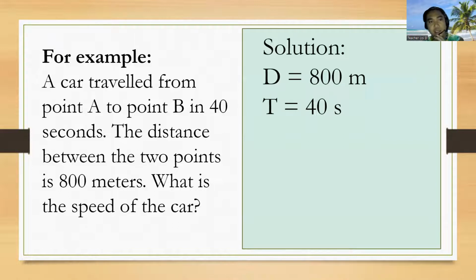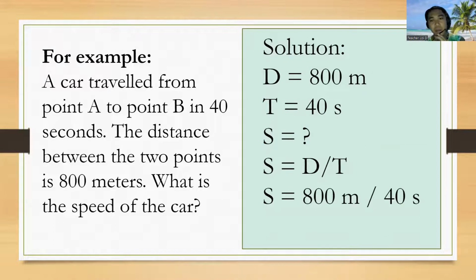Time is 40 seconds. And what is speed? So, gagamitin natin yung formula na distance over time. Speed is equal to 800 meters divided by 40 seconds. So, ang magiging sagot natin dyan, use your calculator, is 20 meters per second.